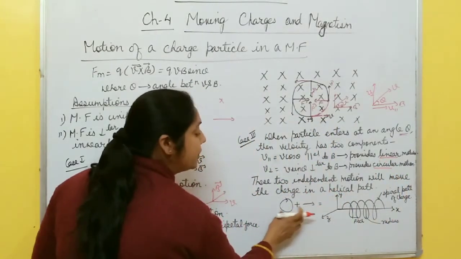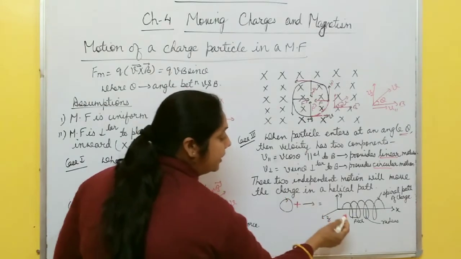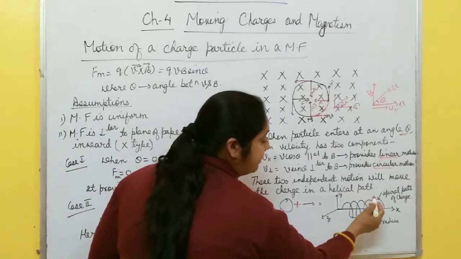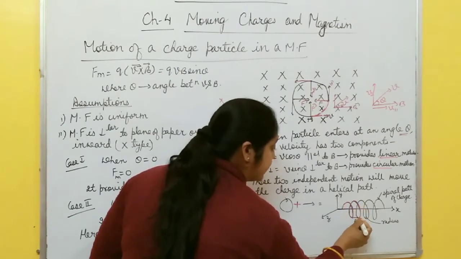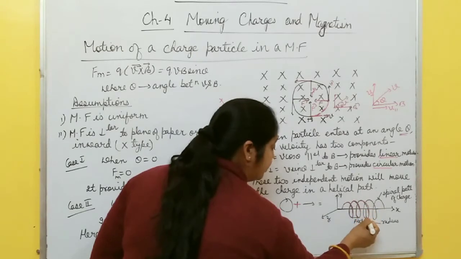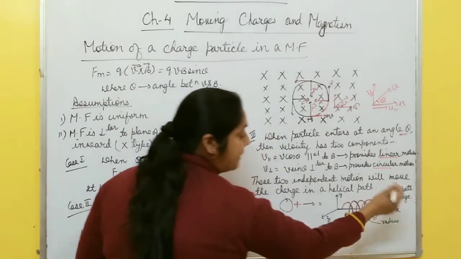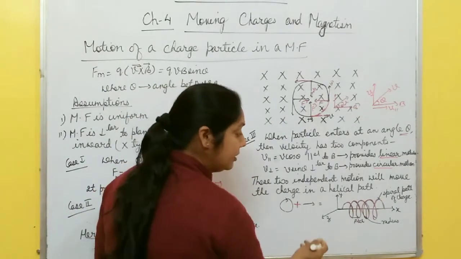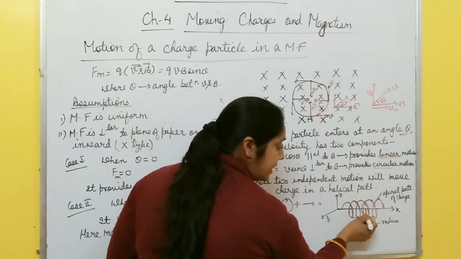And when these two independent motions combine, circular plus linear, it gives a helical path. The particle is moving in a circular motion and also covers some linear distance. It means the particle follows a helical or spiral path. If the particle moves in a helical path, there is some radius of this helical path.